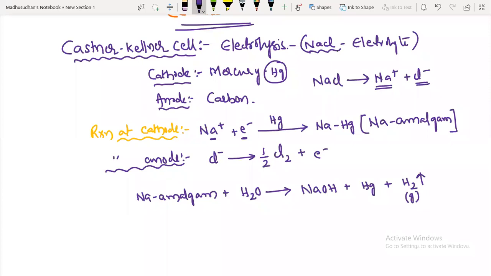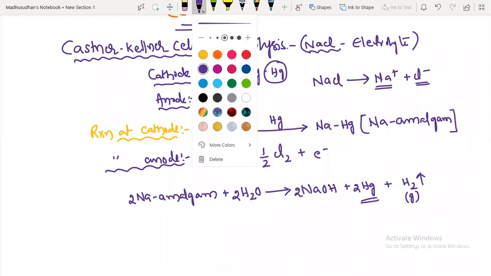Suppose here if I take 2 moles of sodium hydroxide and hydrogen, 2 moles of mercury is going out. That mercury is again coming out. So here is your main product. Sodium hydroxide is the main product here, right?